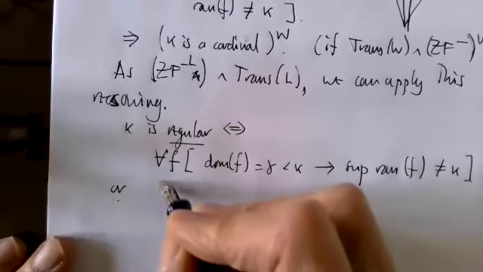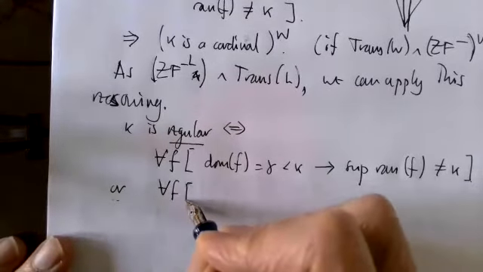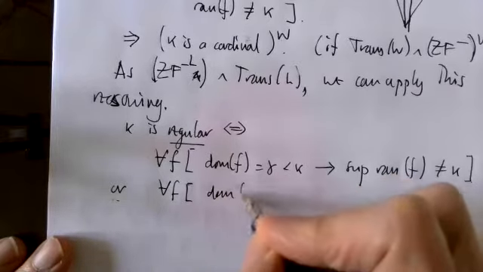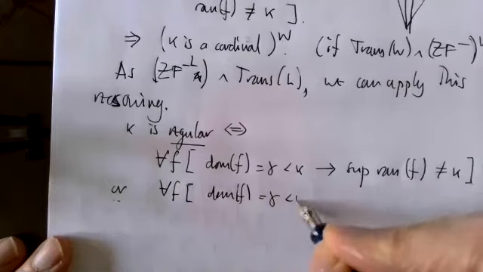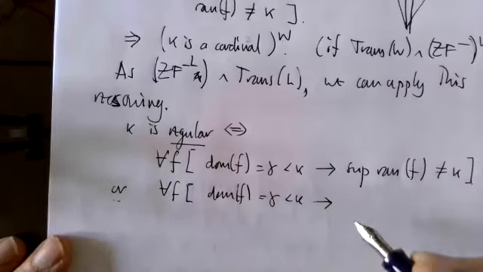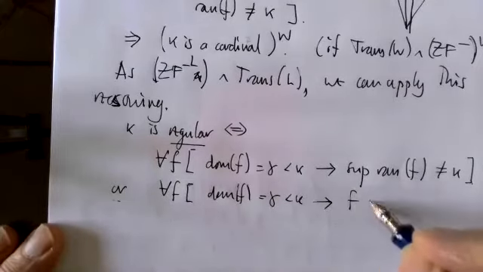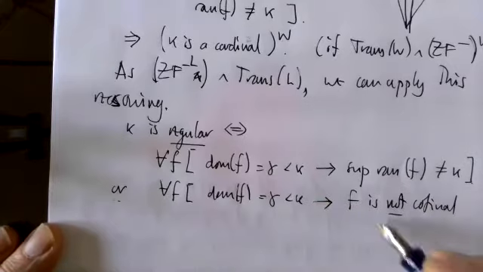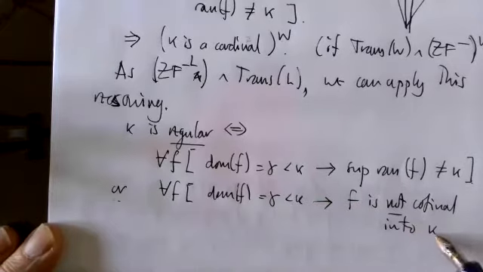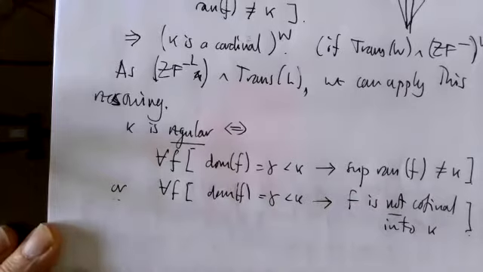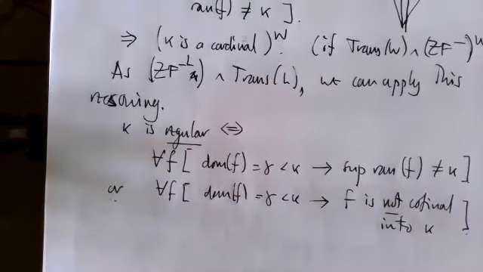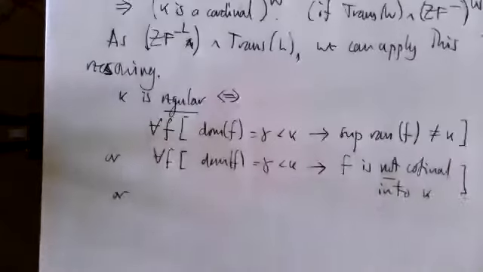So another way of putting this is saying for all functions f, if the domain of f is gamma, less than kappa, then f is not cofinal into kappa. Which is equivalent to saying that kappa is its own cofinality.